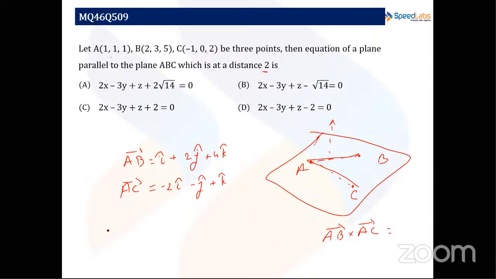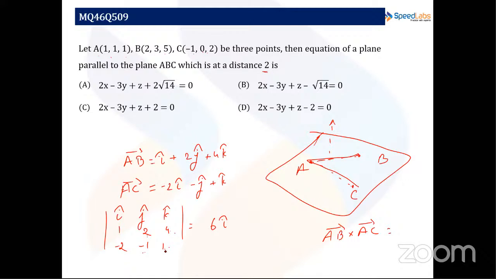So the cross product will be the determinant of I cap, J cap, K cap; 1, 2, 4; minus 2, minus 1, 1. On solving this, for I cap, you will get 2 plus 4, so this will be 6 I cap.